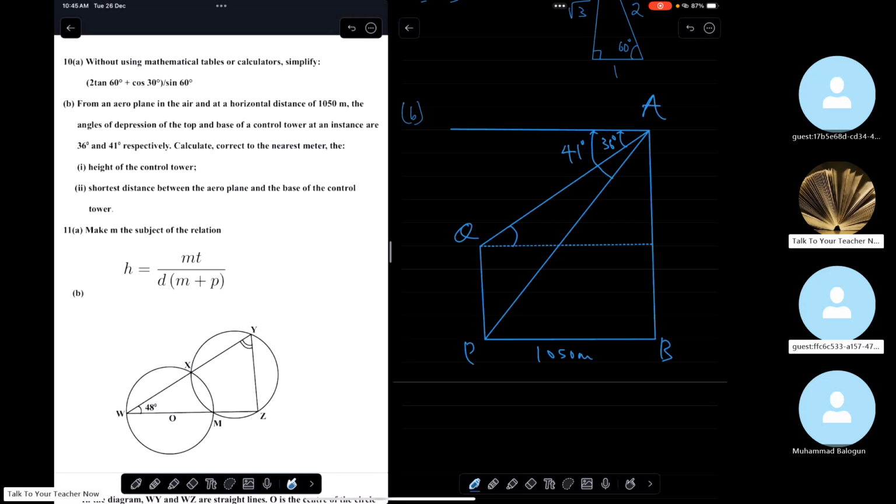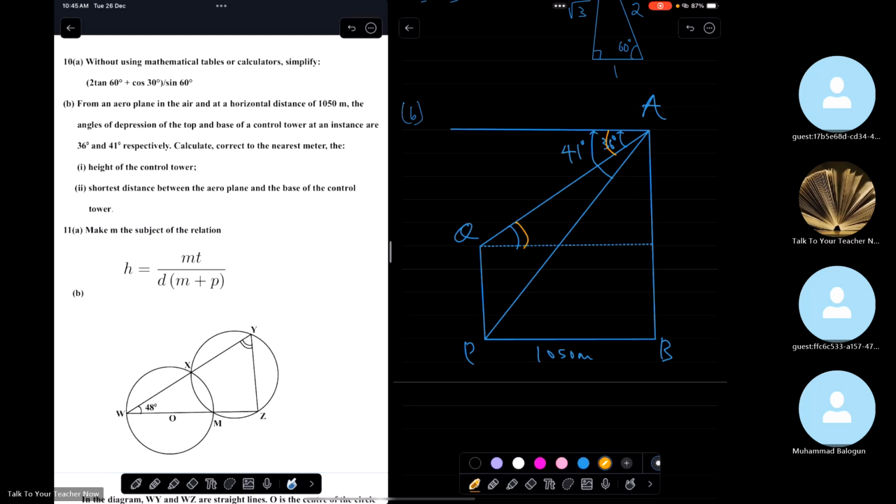If this angle is 36, this one, what is this one? Come close now, we cannot hear you. Why is it taking you such a long time to respond? If this yellow angle is 36, what is this one here?